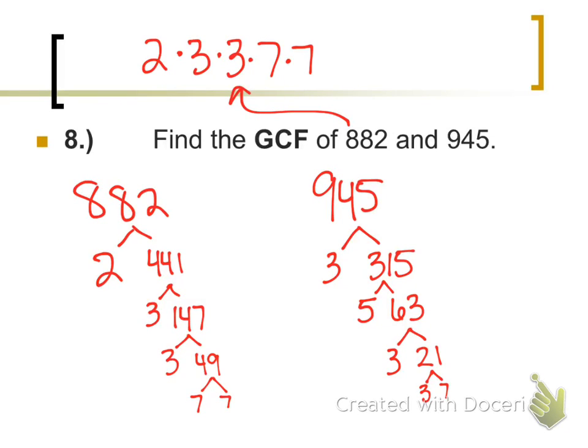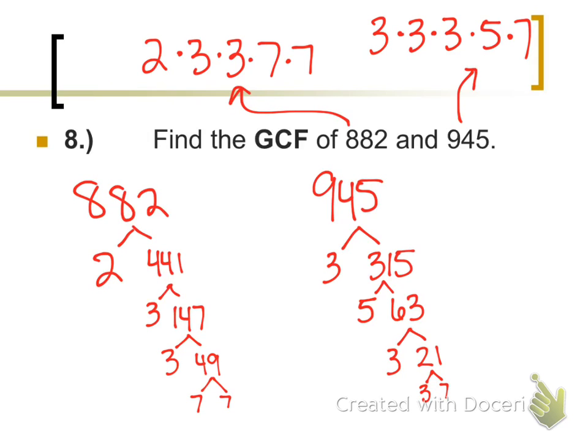So we finally came to the conclusion that 21 gets broken down into 3 and 7. Do we all understand that? Wonderful. So if I write my list for 945, how many 3's do I have? 3 of them. Also a 5 and a 7.